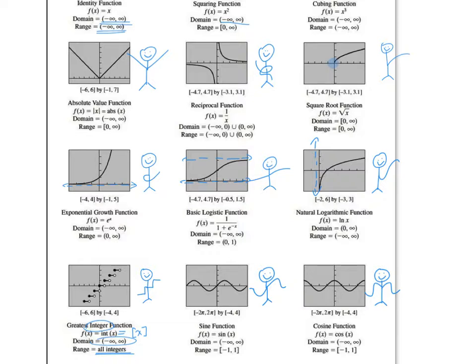Basic logistic, yes. Bounded means there's a top and a bottom. So let's see: cosine, sine and logistic. Yes, those three. Let's try another one.